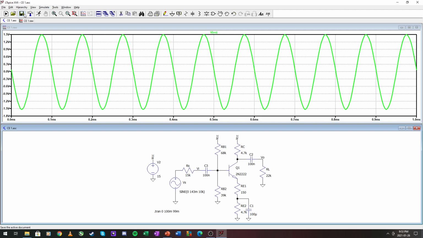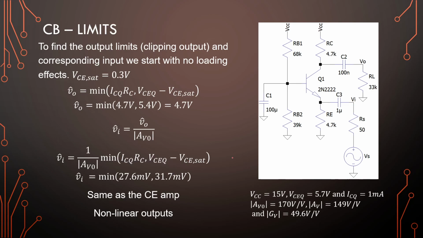So yeah, there is the input range and output range of the split emitter. Let's have a look at the common base. Right, for the common base here we follow exactly the same steps as we did with the common emitter with the bypassed emitter resistor.